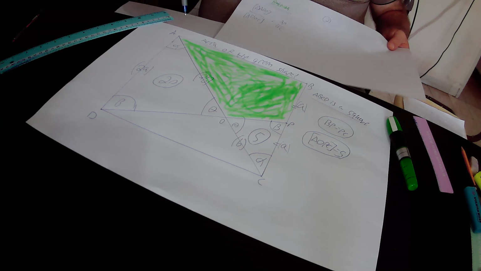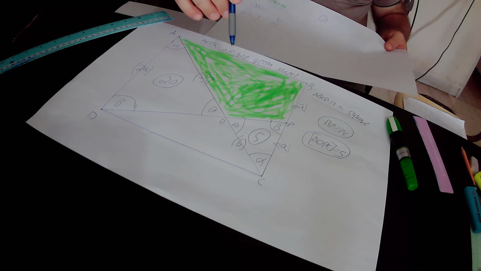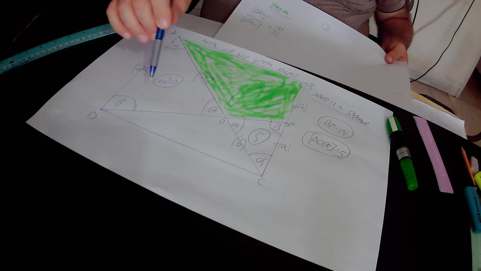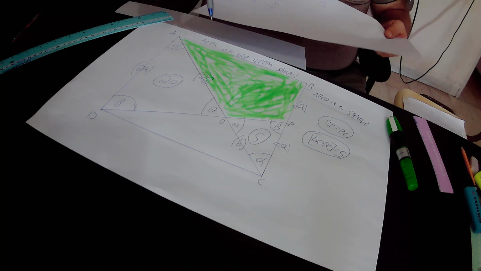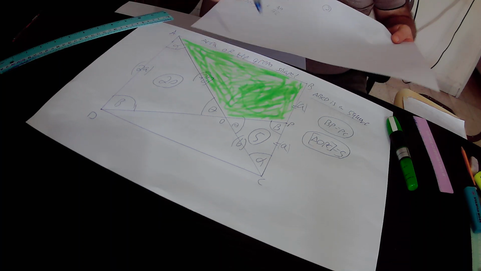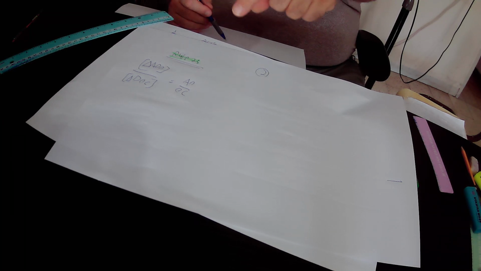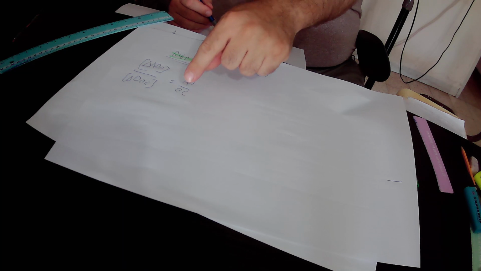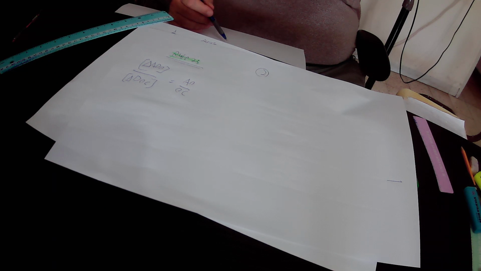The base of triangle ADO is AO, and the base of triangle DOC is OC. So it is AO over OC.